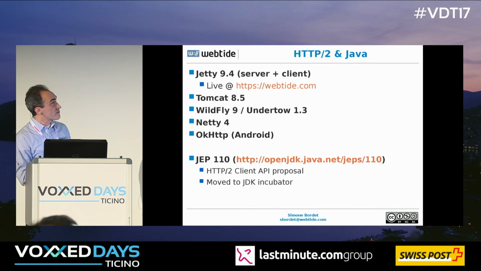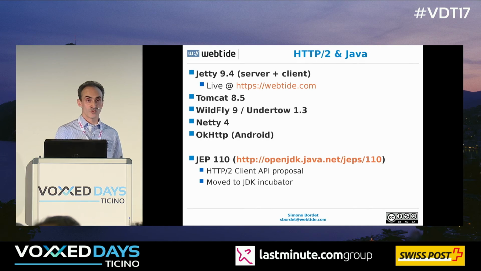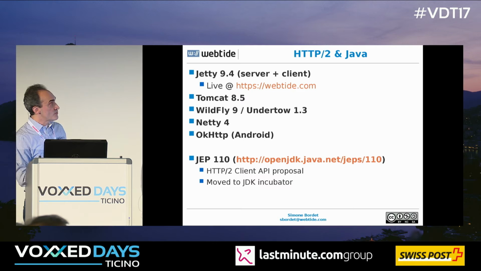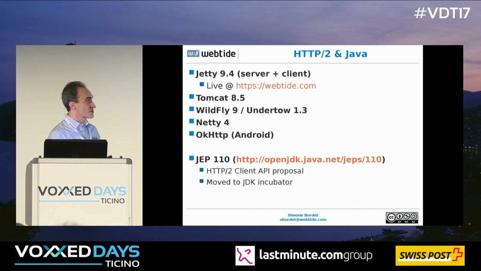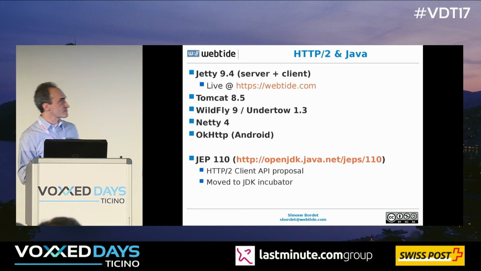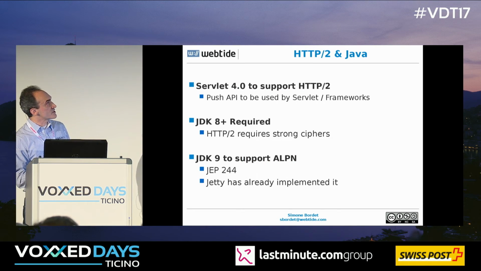The good thing is that for Java 9, there are not only modules, but also a few improvements for HTTP2. In particular, there's a new HTTP client, which has been moved to the JDK incubator. So it's not really part of JDK 9, but you can find it in the incubator. And Servlet 4.0 will support HTTP2 and a bunch of features.